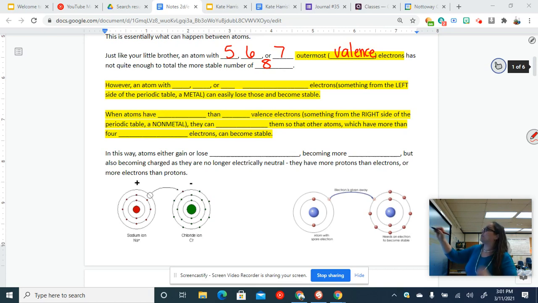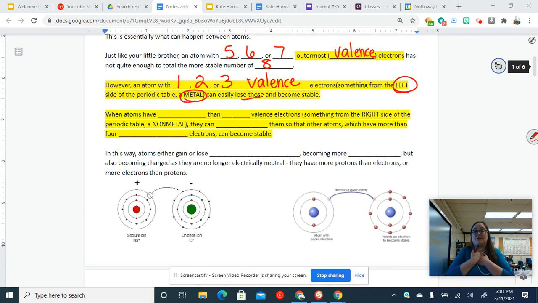Then an atom with 1, 2, or 3 valence electrons, so something from the left-hand side of the periodic table, a metal, can easily lose them. So they just get rid of them. So just like me with my $10 and I had extra, I have extra to give away so that I can make other people have what they want. That's what happens in ionic bonds.